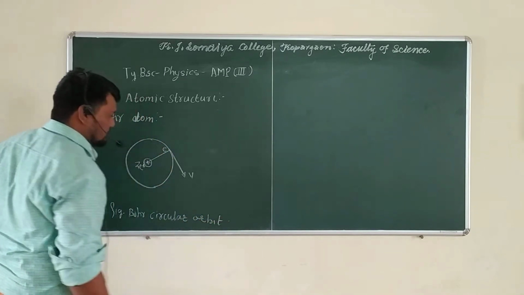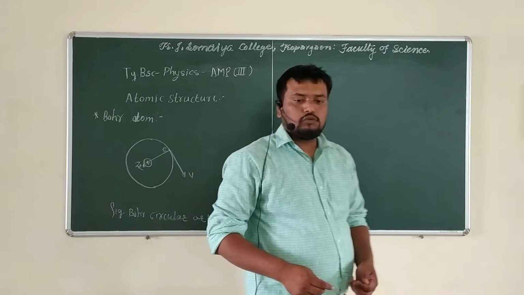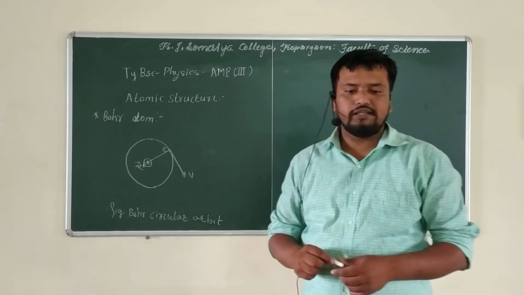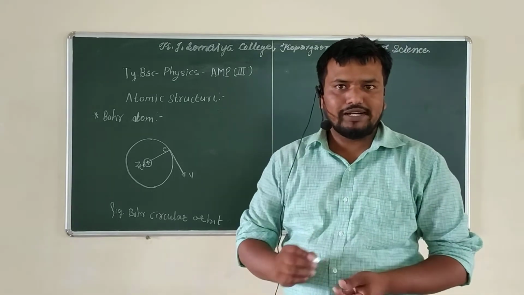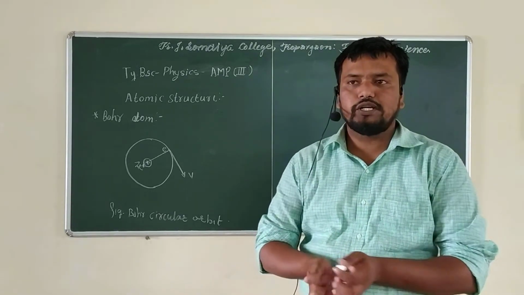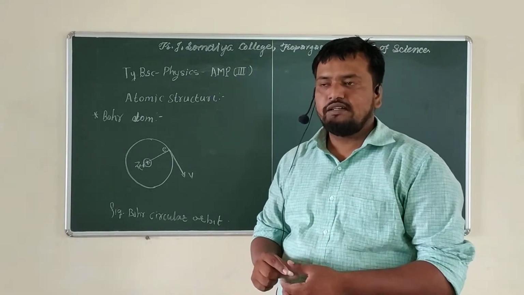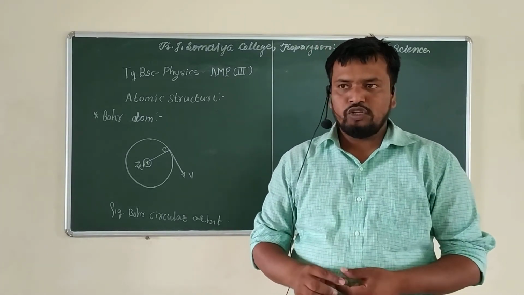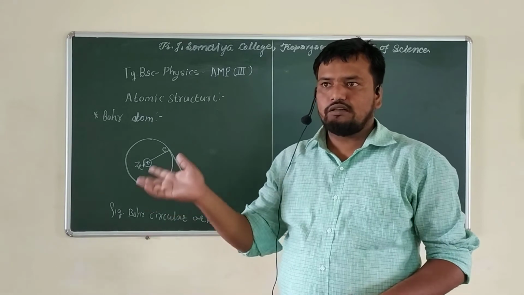This theory gives physical meaning to the experimental discovery that the frequency of a spectral line is the difference between two spectral terms.